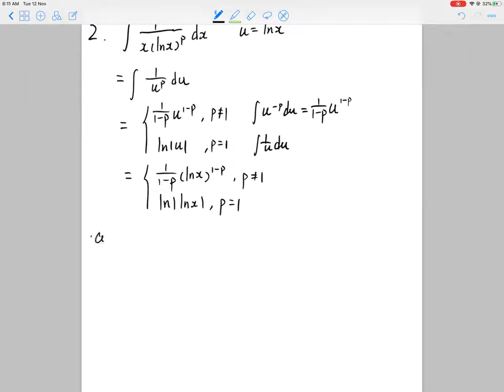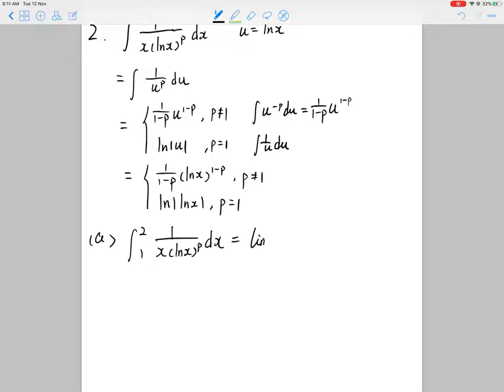The second part, let's do the improper integration from 1 to 2 of 1 over x log x to the power of p. You can see when x is 1, this log 1 is 0. It's not defined.